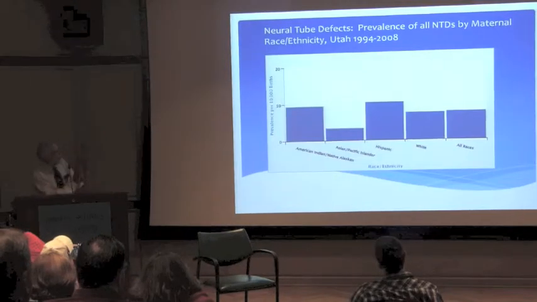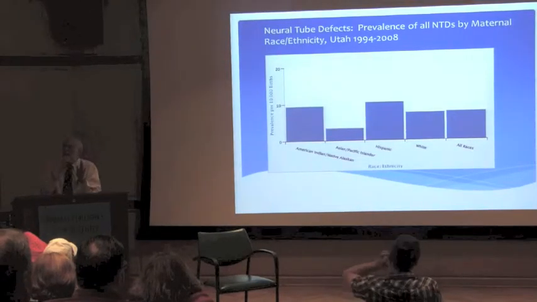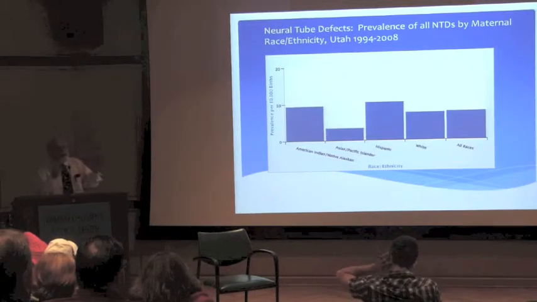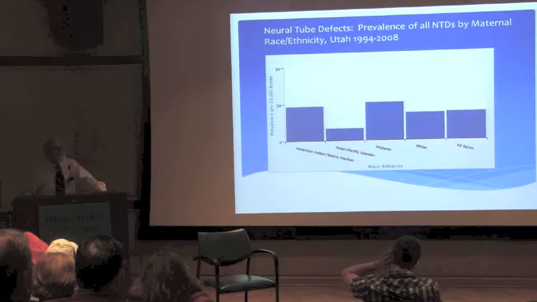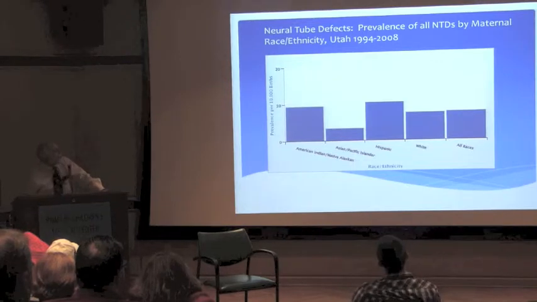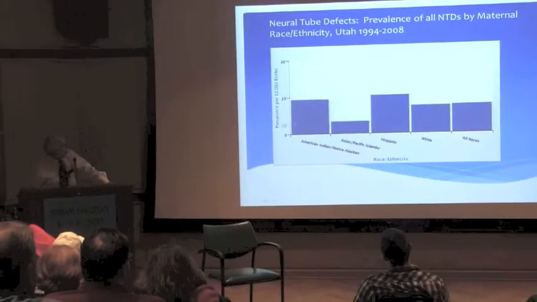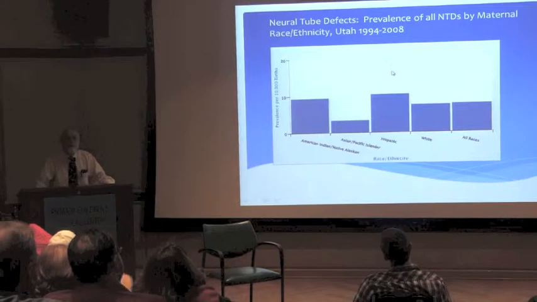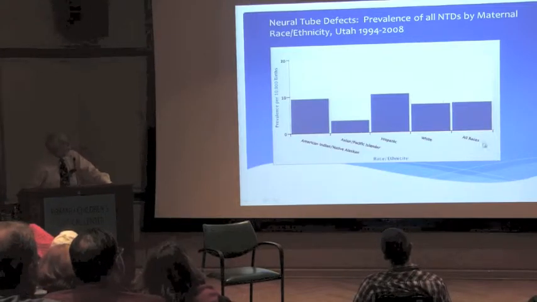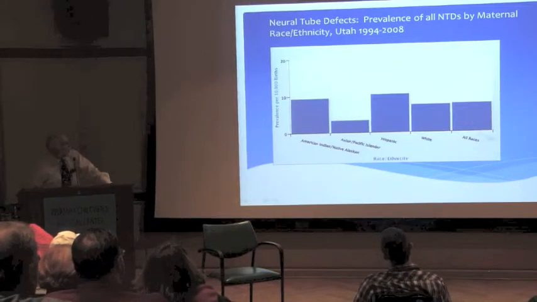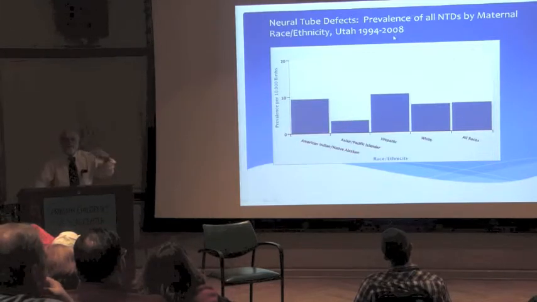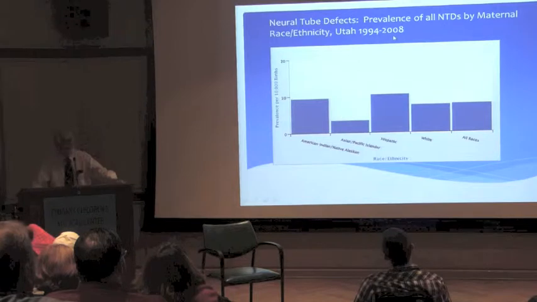Each of these figures will sometimes have different denominators, so you have to pay attention each time. I apologize for the confusion of the map. These are actually Utah-specific data that Marcia Feldkamp, the director of our Birth Defects Network, just gave me this week. It takes a lot of work to summarize these years.